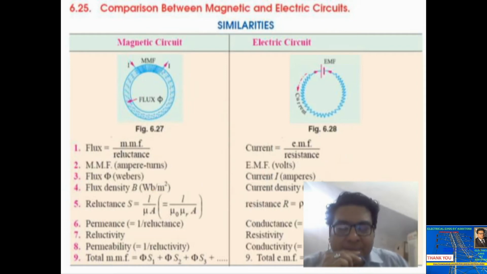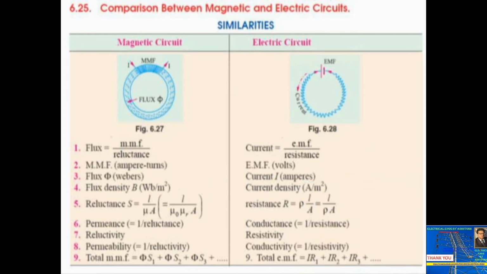And guys, this will be the reluctance S of this iron core. When flux is set up in the iron core, there will be an opposition offered to the flow of flux, and that is called reluctance in the magnetic circuit. And this is similar to resistance in electrical circuit.